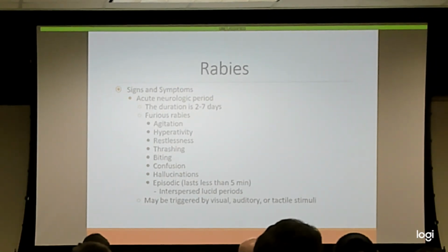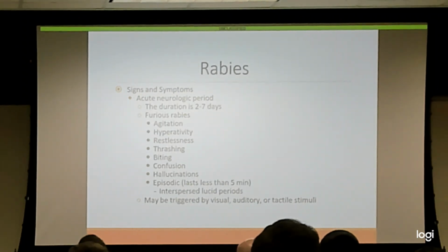So we have two kinds of rabies. We have a furious rabies and we have a dumb rabies, or paralytic rabies, okay? These right here are furious rabies. Furious rabies are the ones that we see everywhere on TV, where you hear that your friend got bit and went crazy. That's furious rabies, all right?